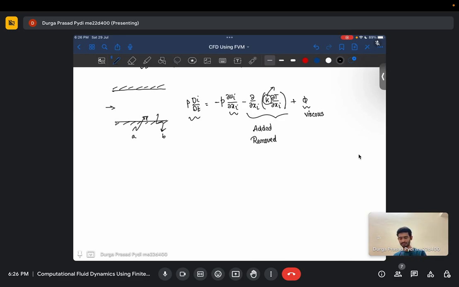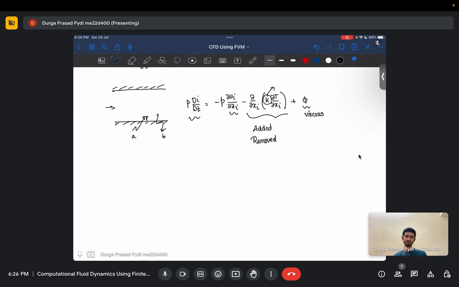So this term should be like a heat addition or removal term, and the full term, including the negative, is heat added to the fluid. Otherwise, your internal energy will not increase.